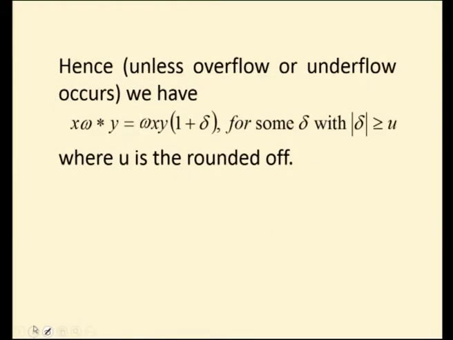Unless overflow or underflow or error occurs, we may have x omega star y equal to (x omega y)(1 plus delta) for some delta with the modulus of delta less than or equal to u, where u is the rounding unit.